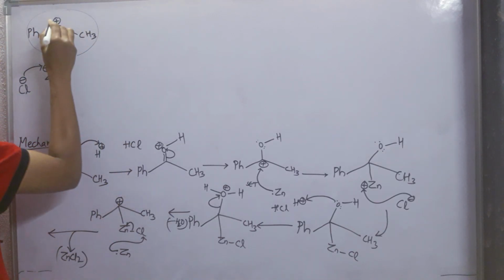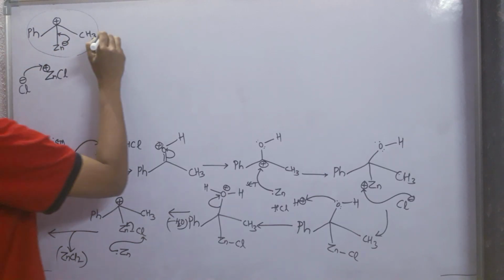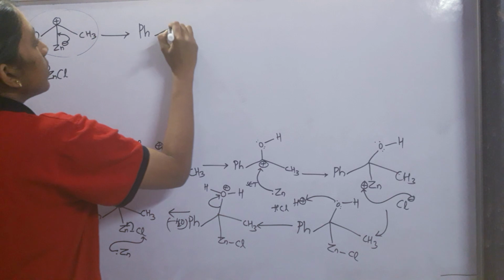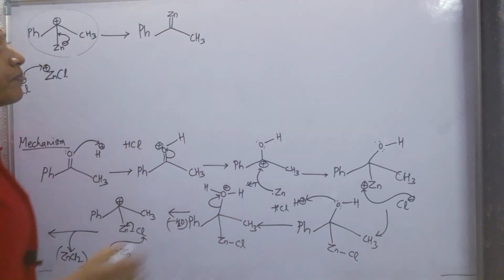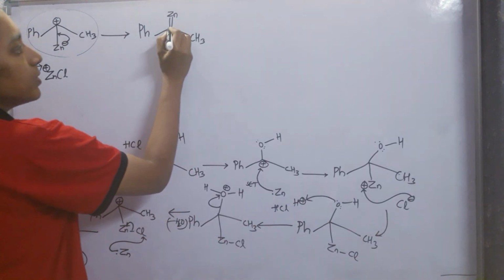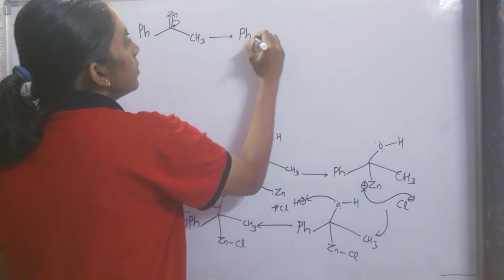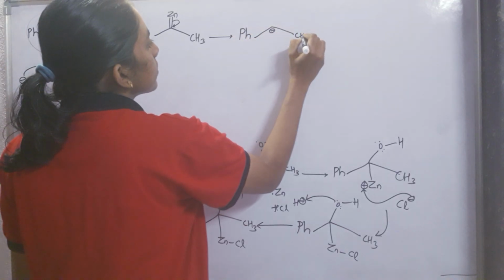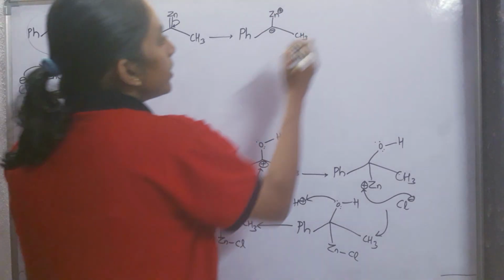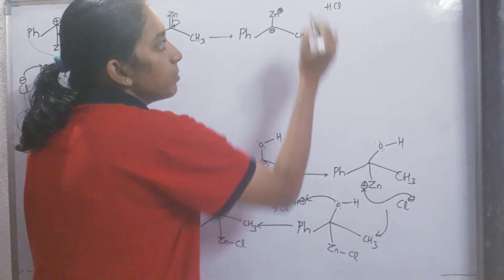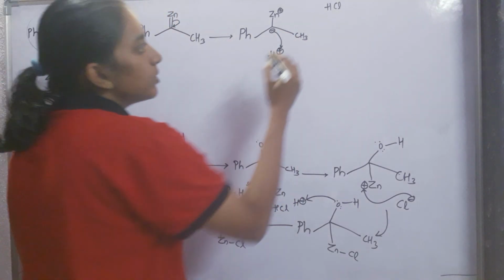Then what happens, as this carbon is positively charged, zinc will share its pair of electrons here, and we will be getting a double bond between zinc and carbon. Now this carbon will take the bond from zinc and the carbon will get a negative charge. Zinc will be getting a positive charge. Now we will be taking HCl. From HCl, the H plus will form a bond with this negatively charged carbon.